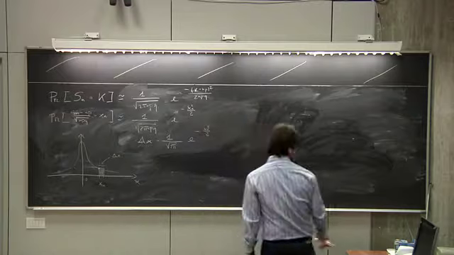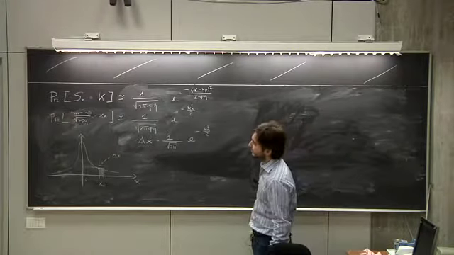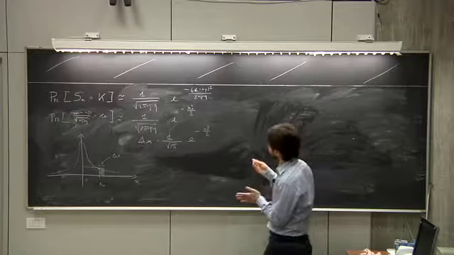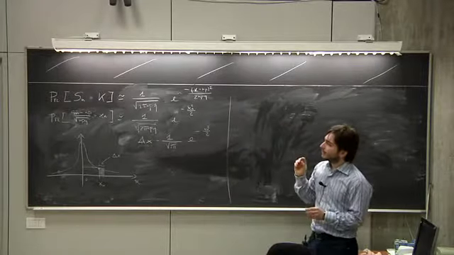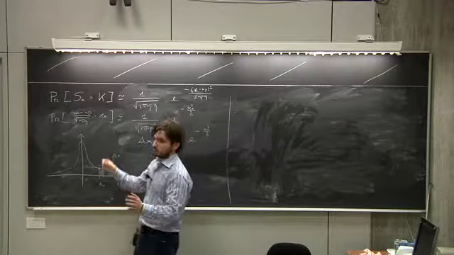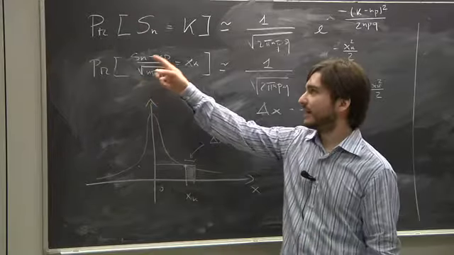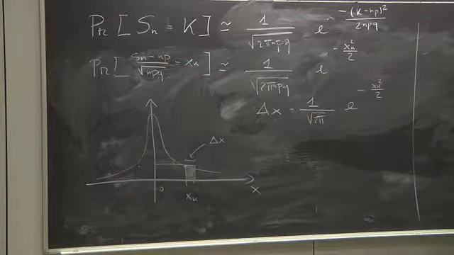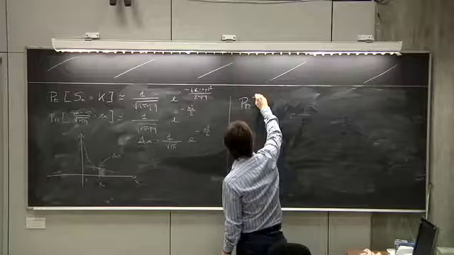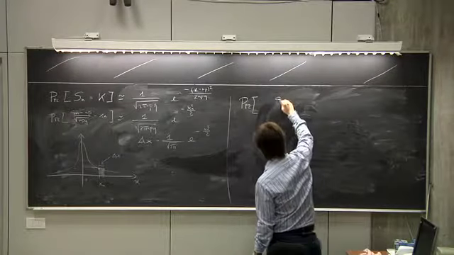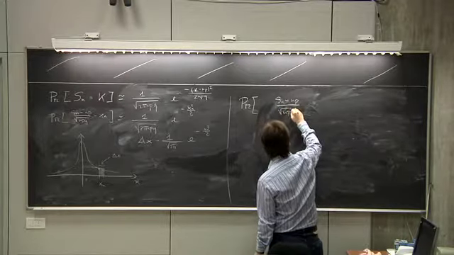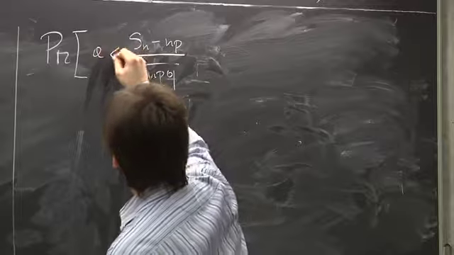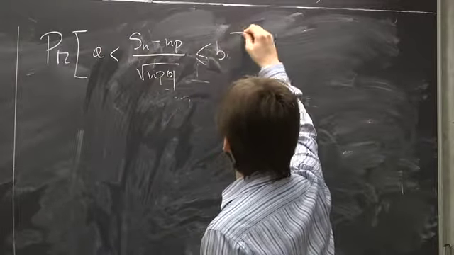Now let's move to this integral theorem. Now we're asking a slightly different question. So we're not asking the probability that Sn is equal to k, or equivalently Sn minus Np divided by blah blah blah is equal to xk, but the probability that this quantity is in this interval. Okay?